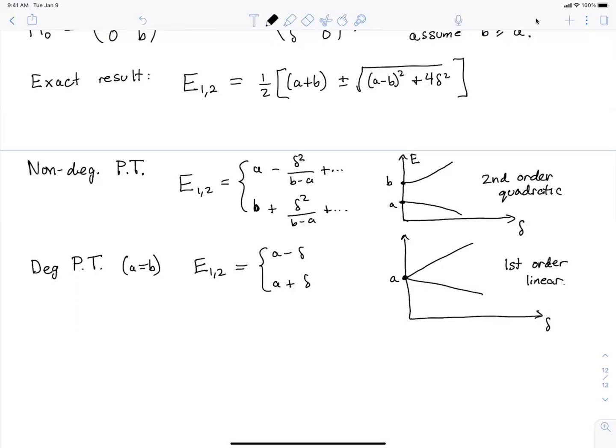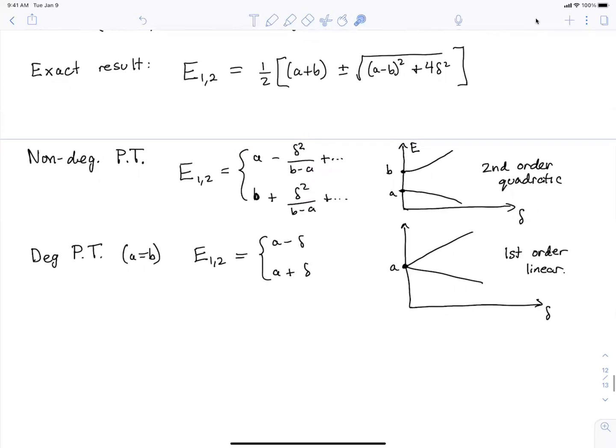So we saw this in action when we did the Stark effect. When we did the Stark effect for the n equals 2 states, those were the degenerate states, then we got the linear Stark effect where the energies got repelled linearly. When we did it for the n equals 1 state where it was non-degenerate, then we had to go to second order in perturbation theory, and then we got the quadratic Stark effect.